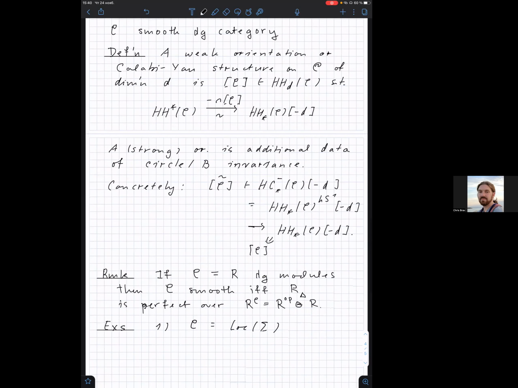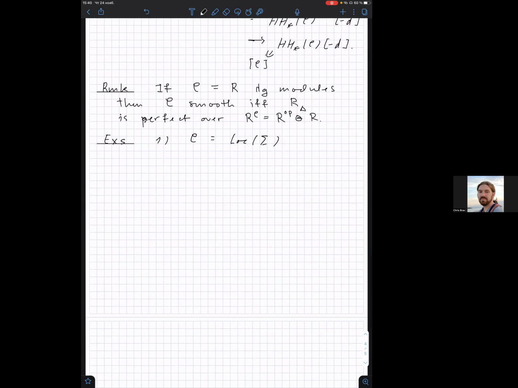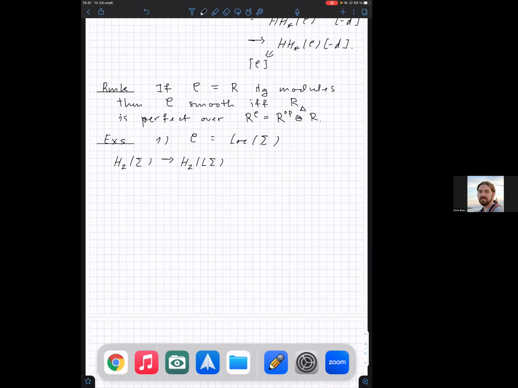It comes from the fundamental class that we started with, the usual orientation. So I can map homology of the surface to homology of the free loops, because I can map the surface itself to the free loops just via constant loops. They're constant loops. And then there's a theorem, there's often a theorem.